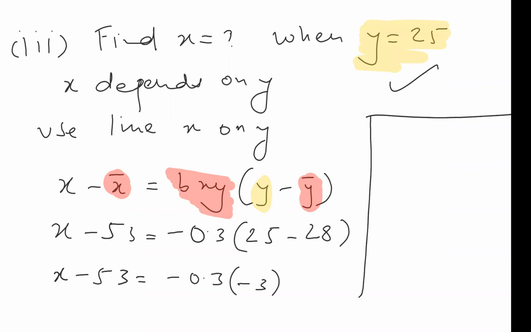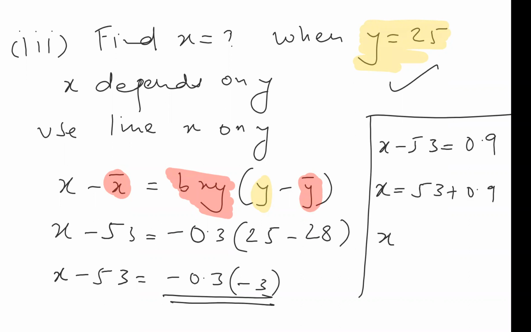Minus 0.3 into minus 3 will give me 0.9, because minus into minus is plus. So x is equal to 53 plus 0.9. X is equal to 53.9. So that is how we have calculated the value of x.